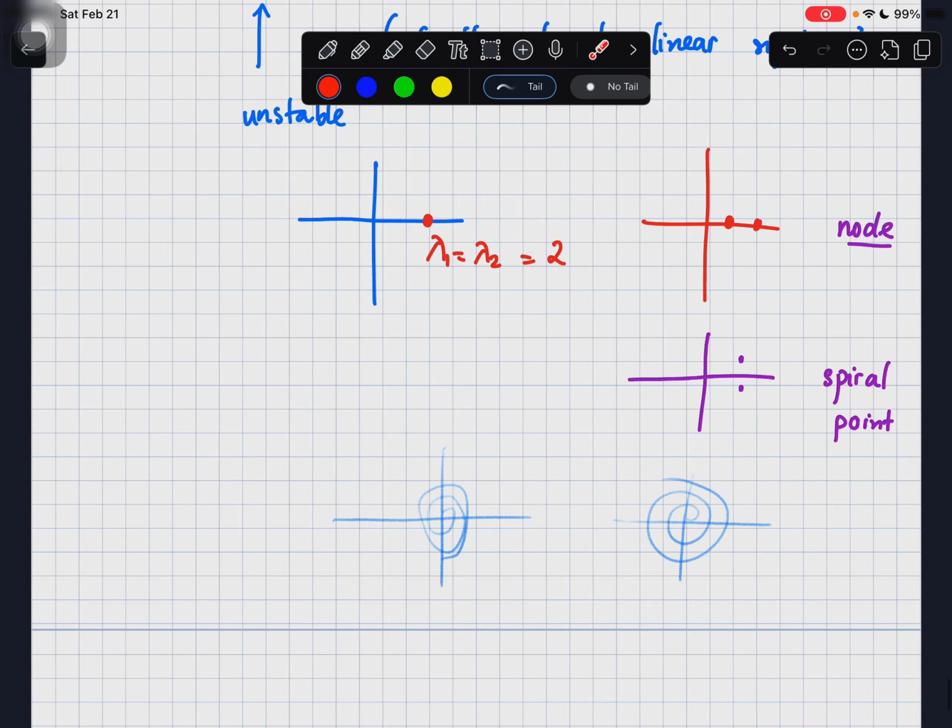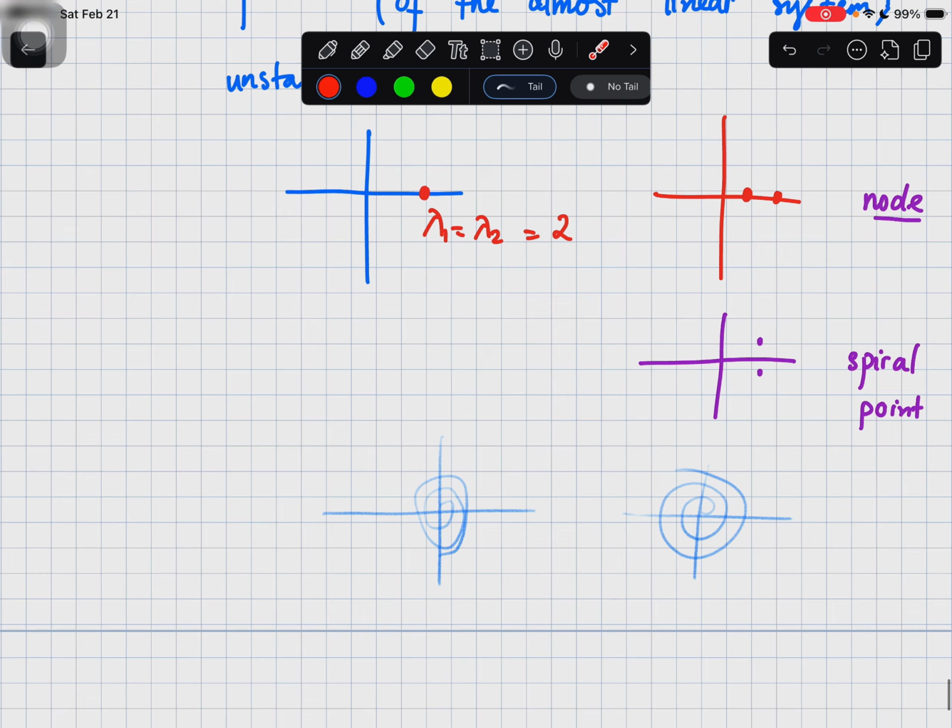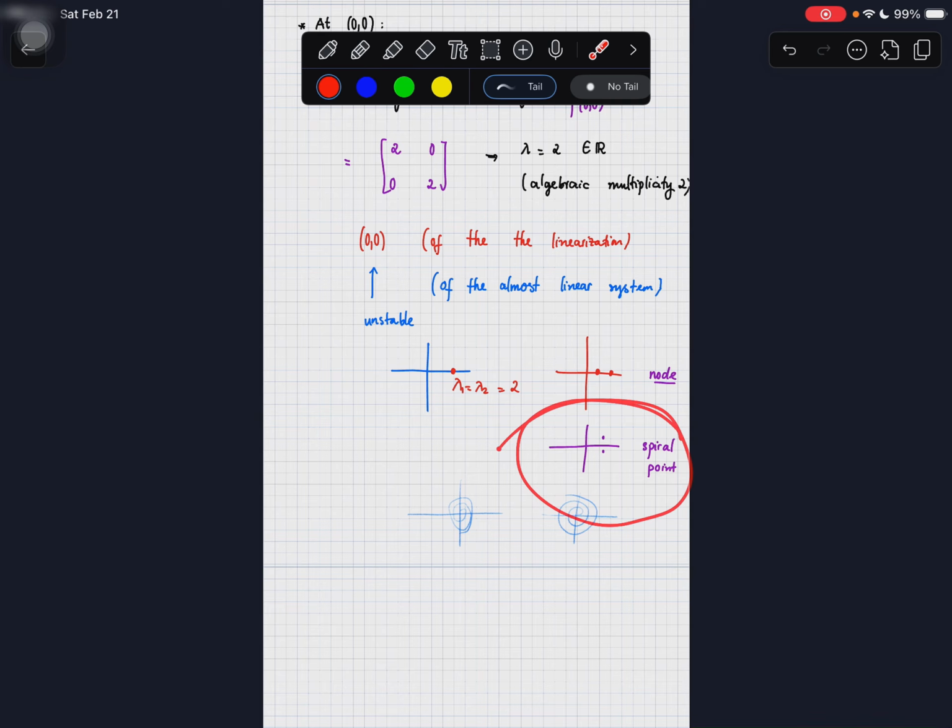But we are talking about the populations of two species. No way in this world that the population can be negative, and then come back positive, and then negative. We are talking about population, so they are non-negative. This is impossible. So we shouldn't have the spiral point here for 0, 0 of the almost linear system.